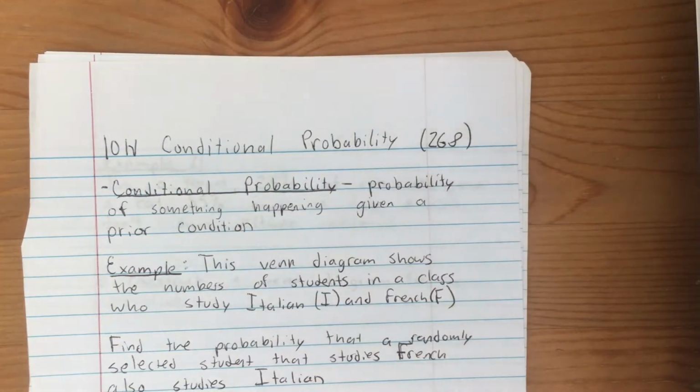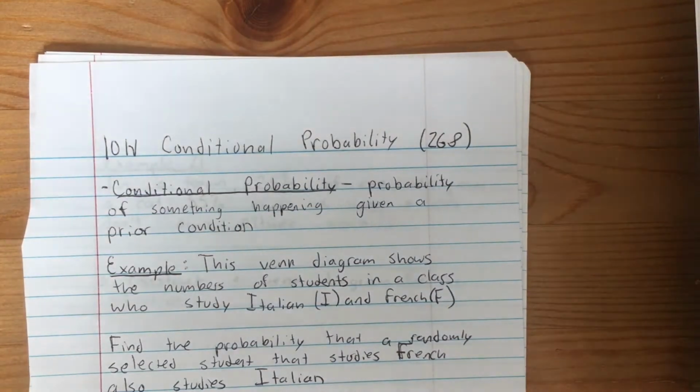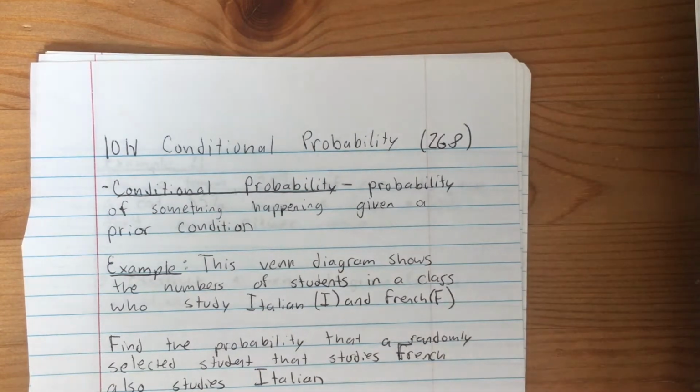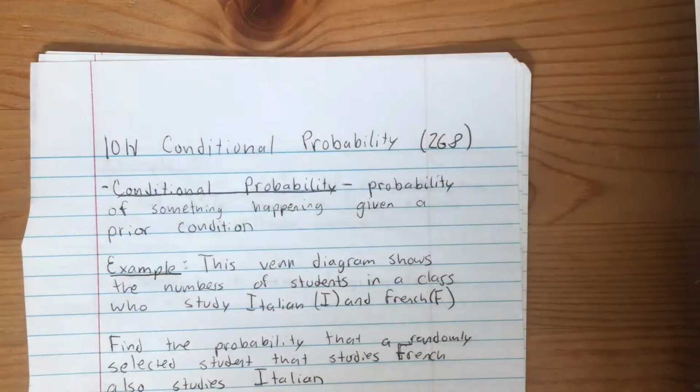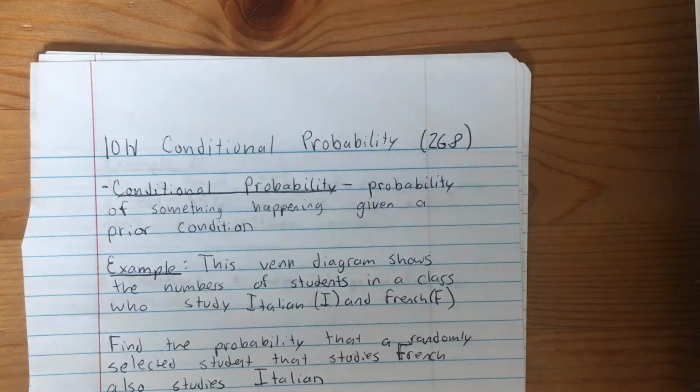So today we're going to talk about conditional probability. And conditional probability, it's kind of in the name, is just the probability of something happening given a prior condition. And we're used to having prior conditions in real life all the time, but we don't necessarily think about them from a probability perspective.